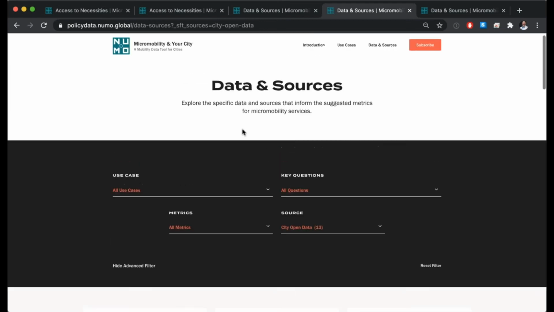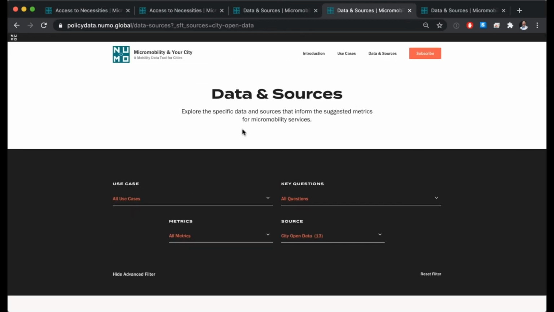As Rachel said, it's really important for cities to determine what's most important for them. We don't have an expectation that any city would have the time or the resources to go and use all of these. But we wanted to make sure that this tool was comprehensive from the get-go, so that if you were laser focused on access to vehicles, you had a suite of metrics to help you gauge progress to or from your outcomes and your goals.